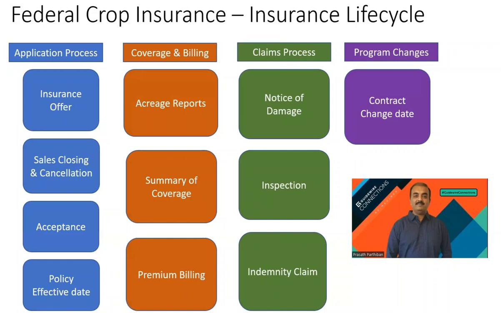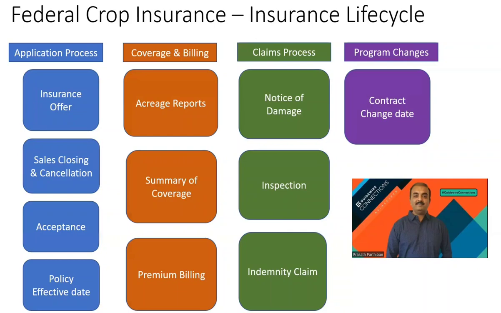Once the application process is completed, you have the steps involved with coverage and billing. It is very important that the customers report the total acreage. As we know, agriculture is done in different acres of land, 5 acres or 10 acres.